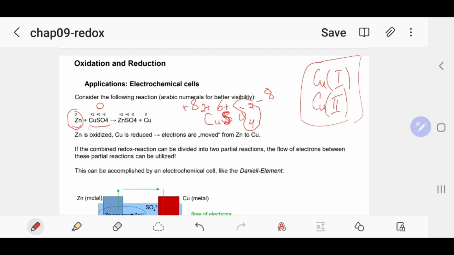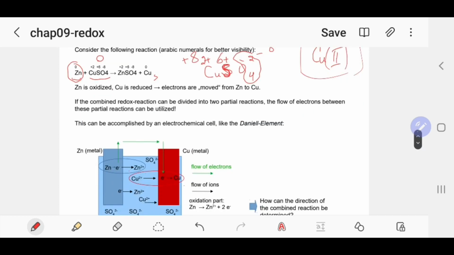And now for the copper here, because it's a solid, it should be 0. And if we repeat the same thing here, then we should get -8 for the oxygen, +6 for the sulfur, and +2 for the zinc. This is also an easier example because the zinc is known to have 2 plus normally.